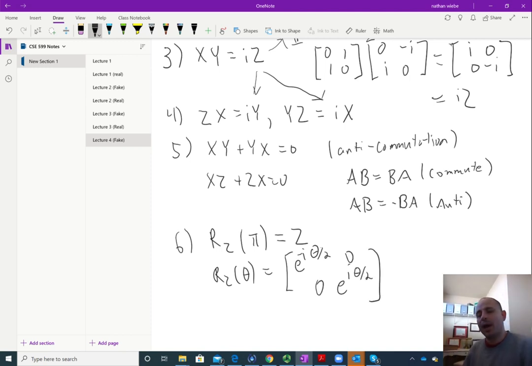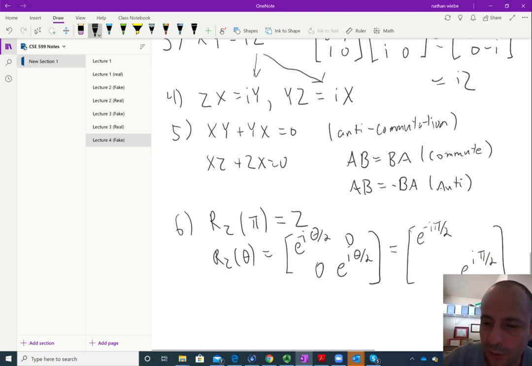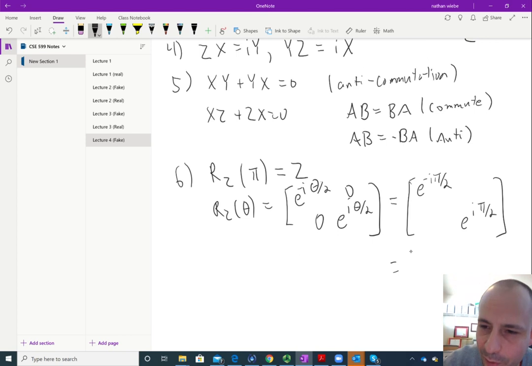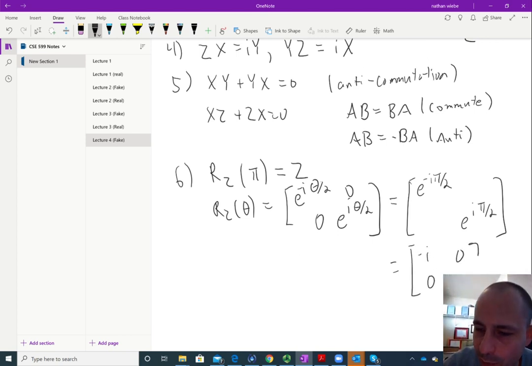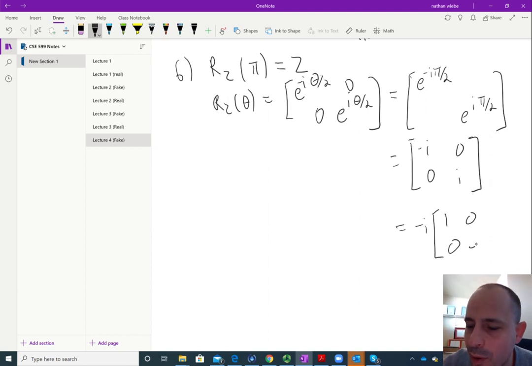So if we put pi in, what we end up getting is e to the minus i pi by 2, e to the i pi by 2, and this is equal to minus i, 0, 0, i. Okay, and this is equal to minus i times 1, 0, 0, minus 1.